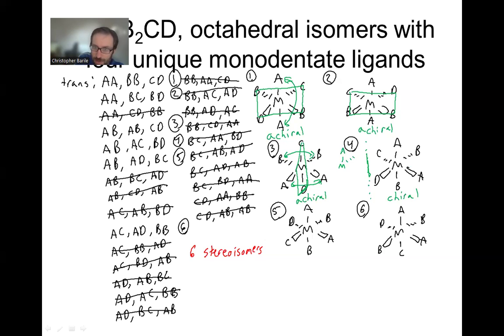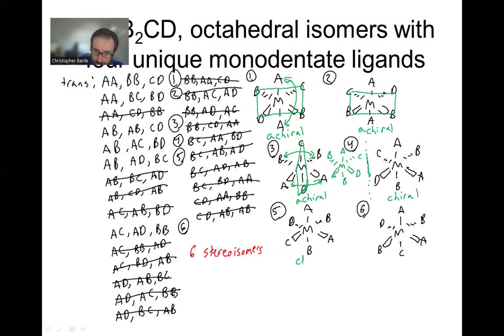So we're flipping it like that, okay? M, A, B are the same, D and C are going to switch positions when we do this. Oh, we'd have it like that. Okay, so we'd have now the left-handed, right-handed enantiomers of this.